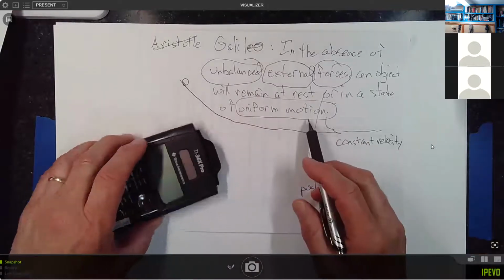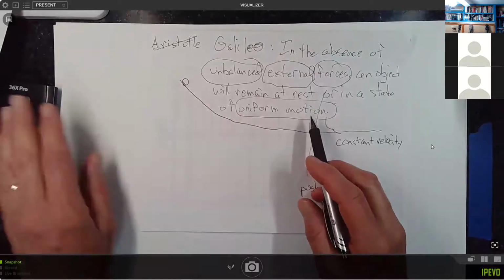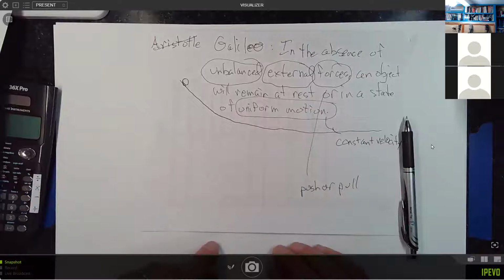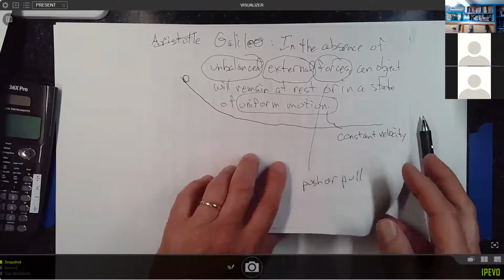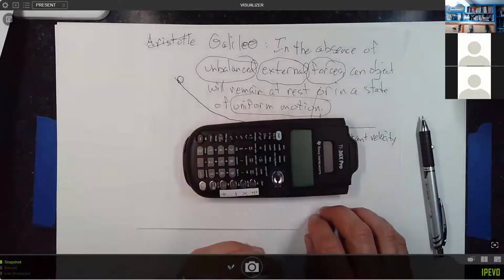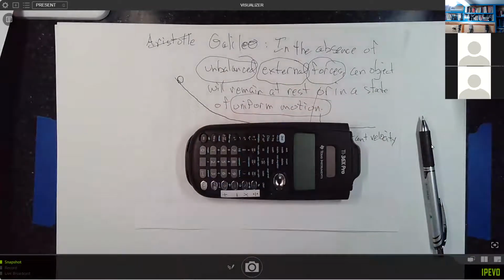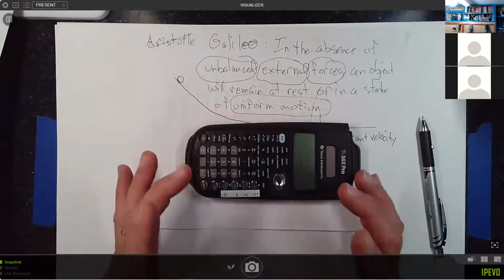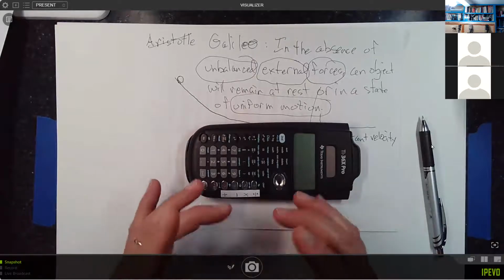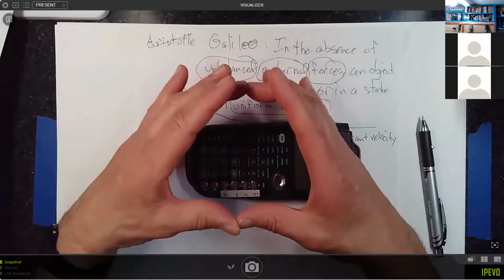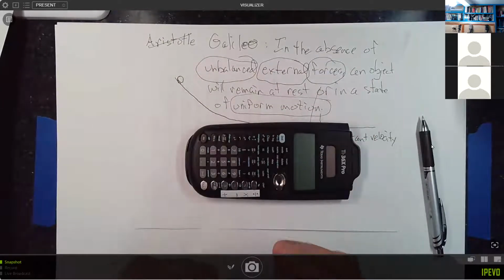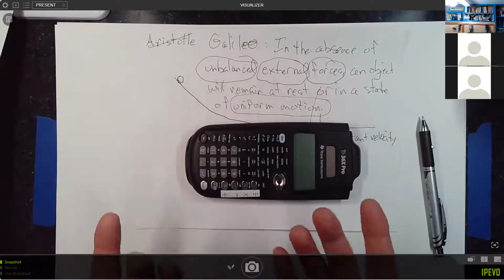So to have something in really uniform motion, you have to somehow cancel out the forces along the direction of motion. With this, it'd be hard to do, but I don't know if anybody's ever played air hockey before. An air hockey table has almost no friction on it. It has a little, but you have these plastic discs that sit on this table, and the table has a zillion little tiny holes on it, and air is pumped through those holes.